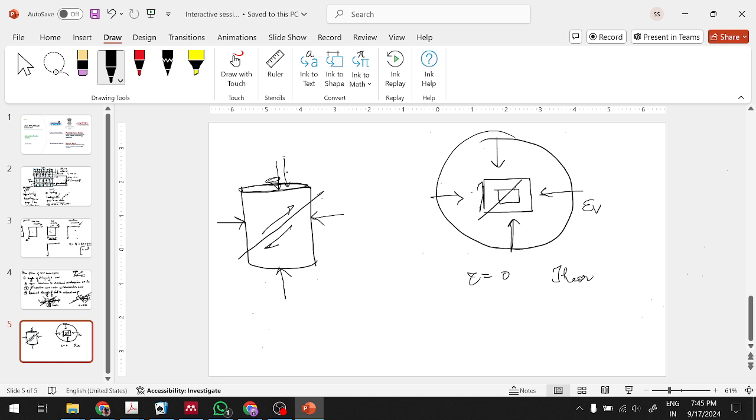So in reality, it may fail, but theoretically, by providing volumetric strain, you cannot make this fail in shear because there is no component of force in that direction so that the body or the particles of the body will move relative to each other.